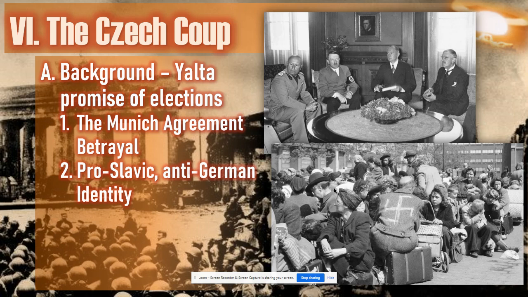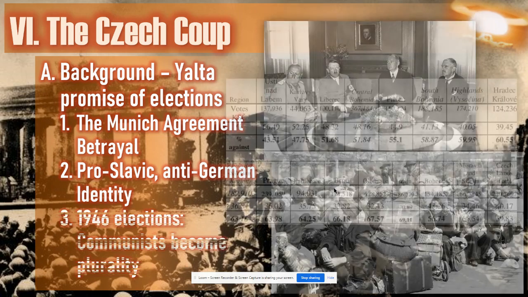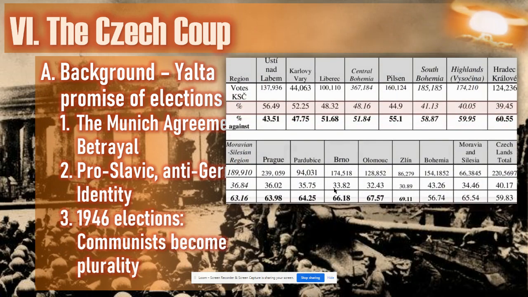And so, again, with their pro-Slavic identity and the anti-German sentiment that exists for the Czechs, they're going to say, look, if we have closer ties to the Soviet Union, then so be it. So again, here's this democratic state with close ties to the Soviet Union, and again, the notion that democracy can function with some socialist ideals.